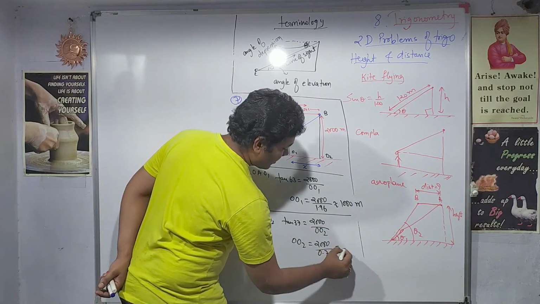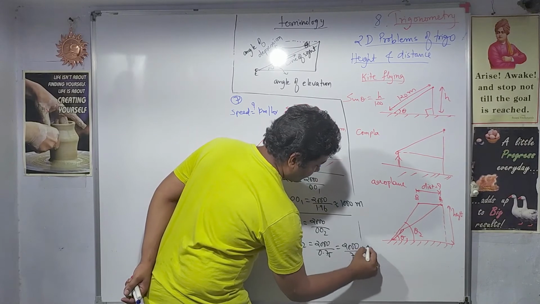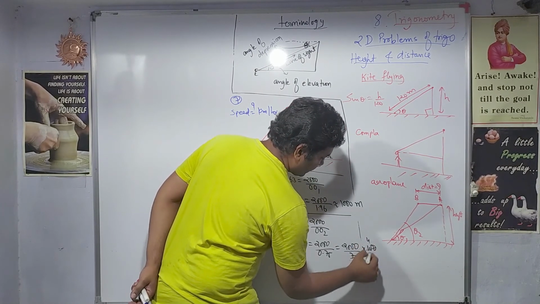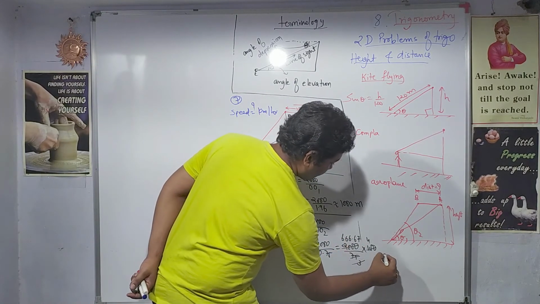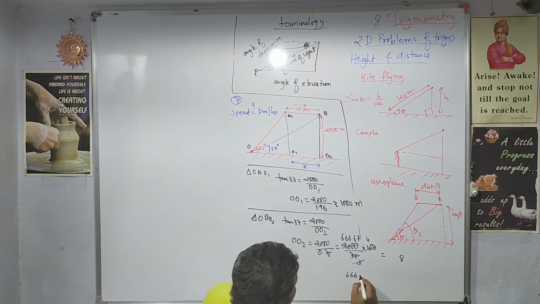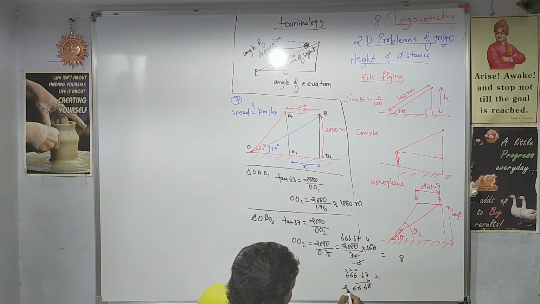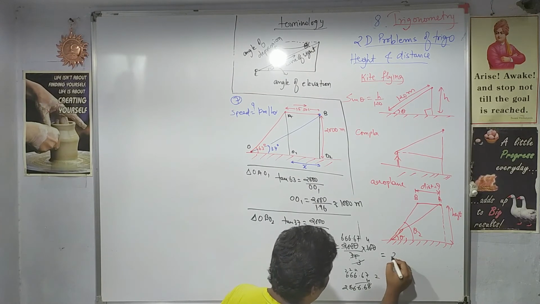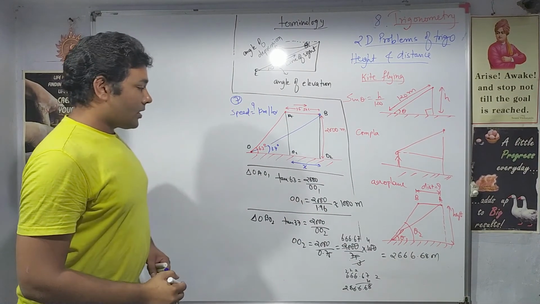Let us simplify this. 2000 upon 0.75. So it is 2666.68 meters.